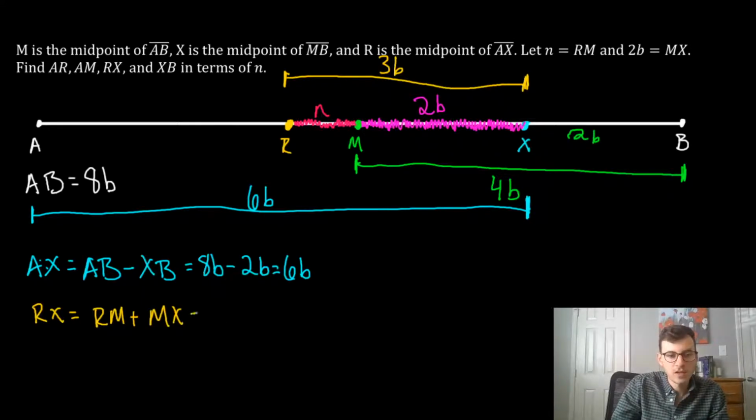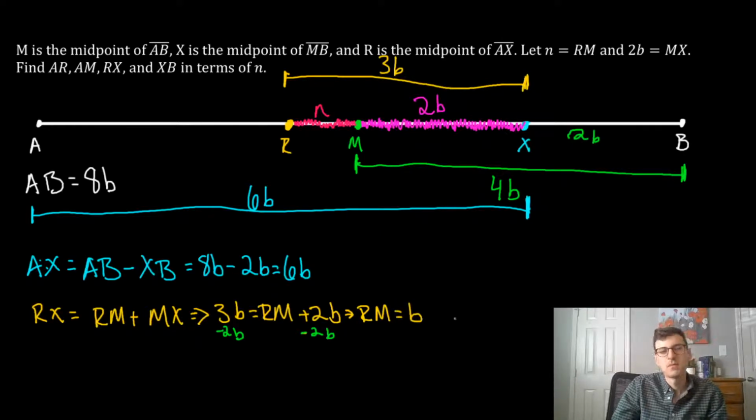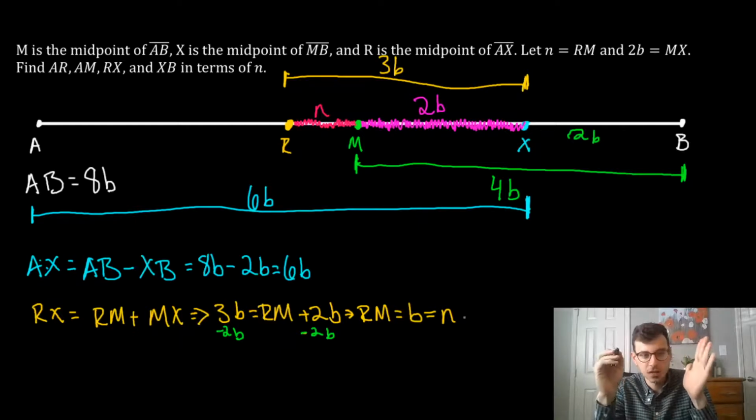Since we know RX is 3B, 3B is equal to RM, which we don't know, plus 2B, that's MX. Subtract 2B from both sides, and we get RM is equal to B. And RM was equal to N, so that means B equals N. That's really great, because that should help us find out these points pretty easily.